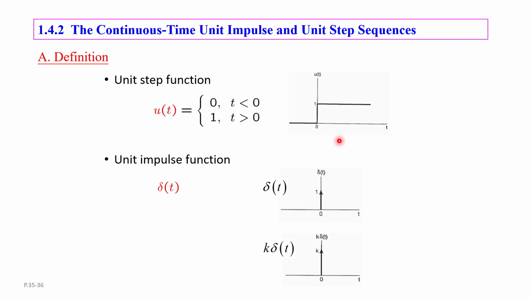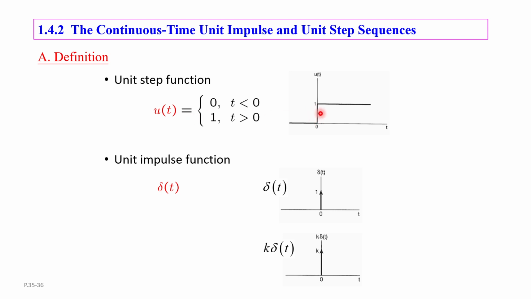Okay, the unit step function is very similar. It is 0 if t is less than 0, and 1 if t is bigger than 0. And when t is exactly equal to 0 it is kind of undefined. There are many ways you can define this.